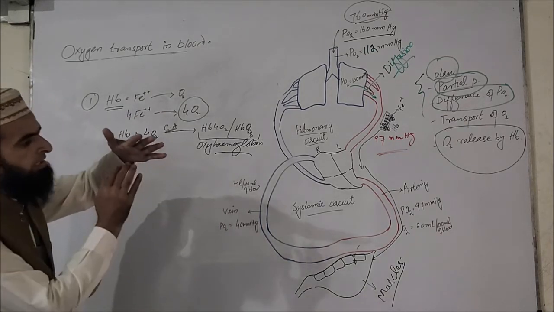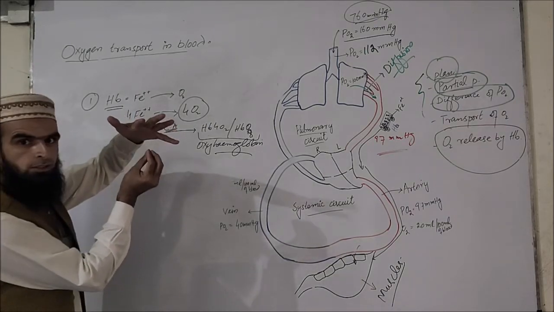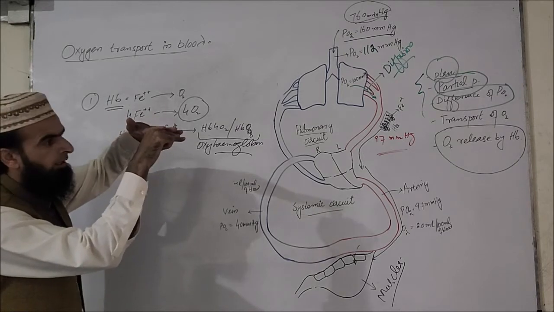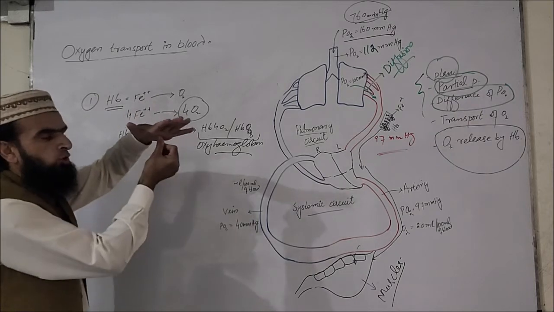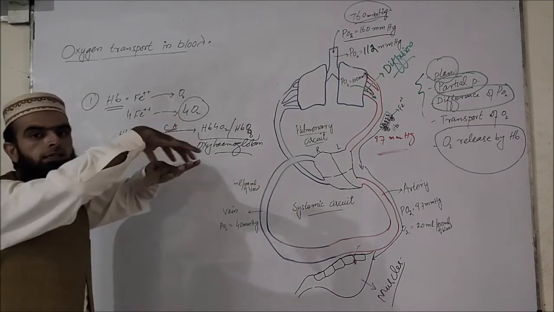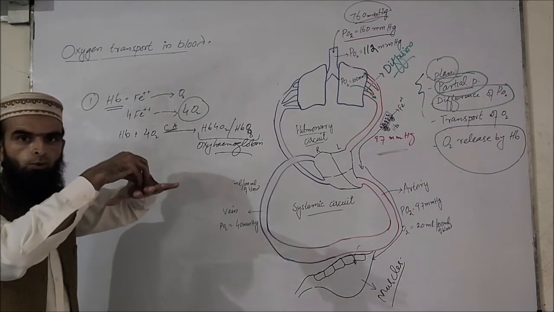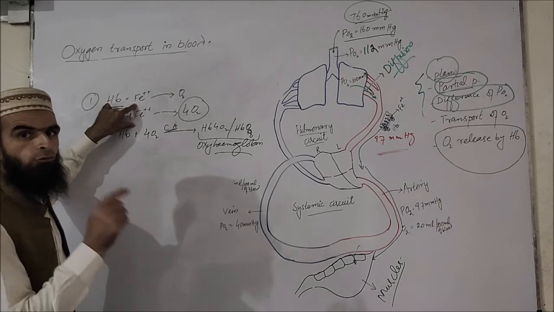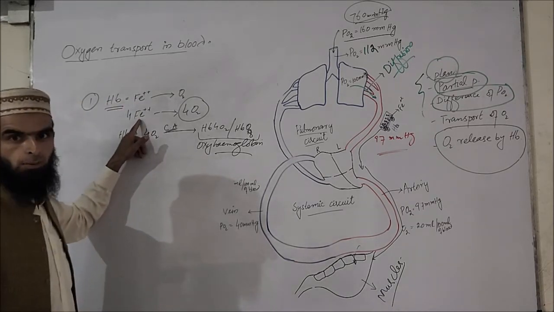There is a conformational change. The iron is hanging a little bit downward from the plane of the heme part. When oxygen is added, it is pushed up a little bit, and then there is a change in the hemoglobin. This increases the affinity for oxygen of the rest of the irons of the hemoglobin.